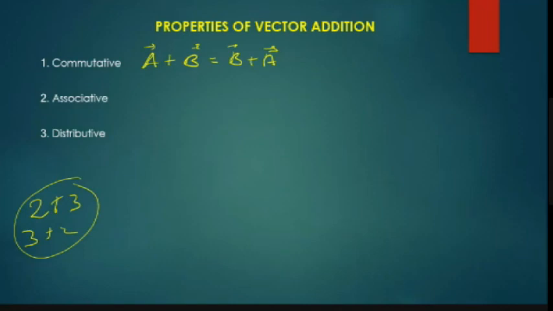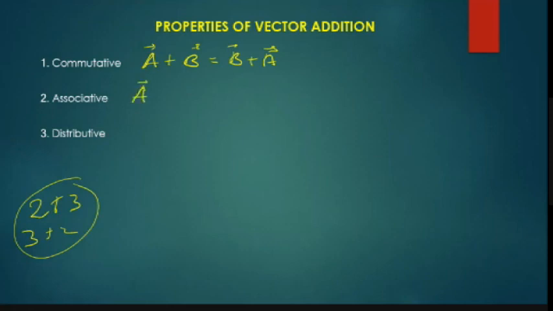Okay, next, Devika. What will be associative property? A plus B plus C is equal to A plus B plus C. That is the associative property. In this case, you have to add vectors.